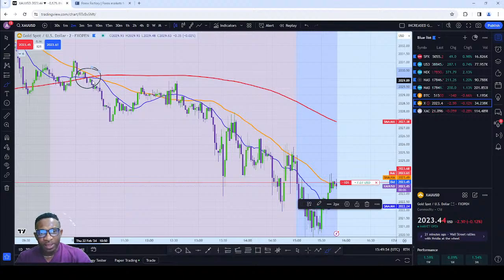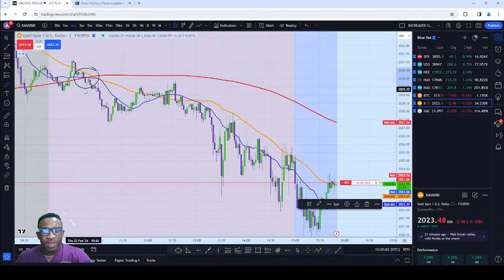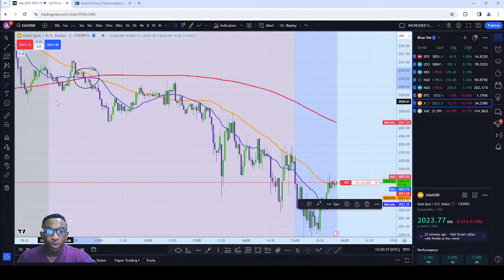So we look for the right location, the right area, the right states. This is the narrow state, and price is near the 20 moving average. We have all the points ticked, or at least two of them.